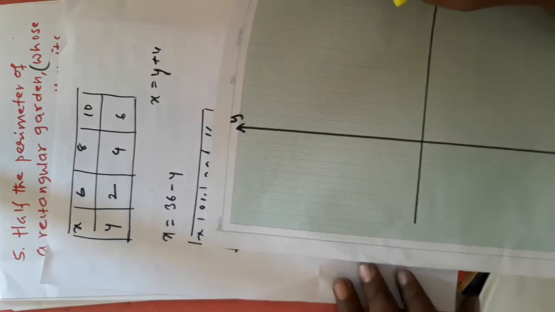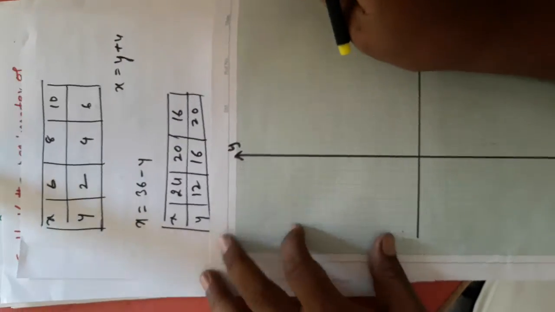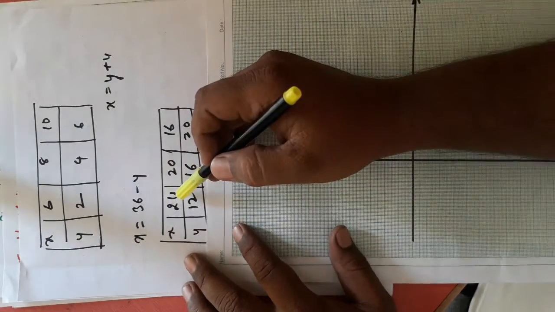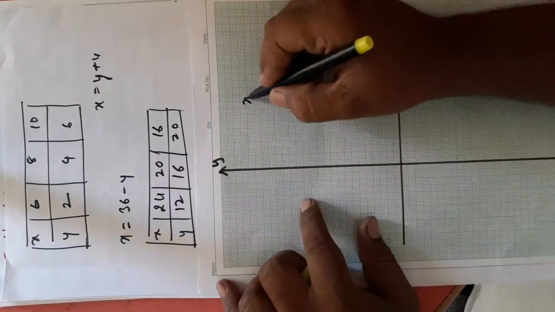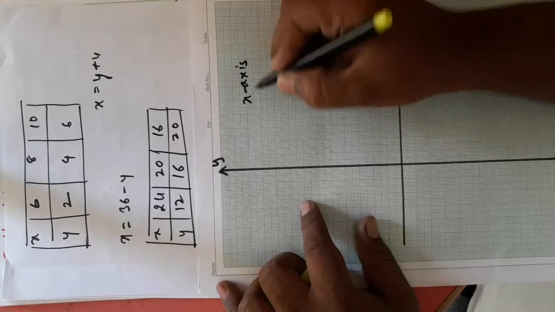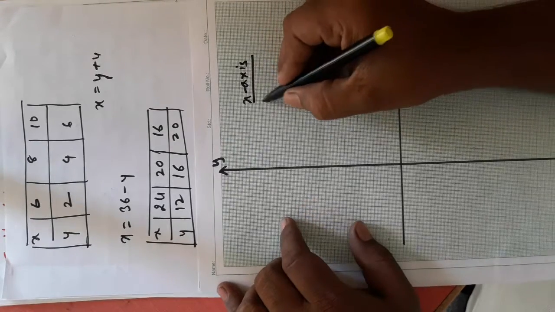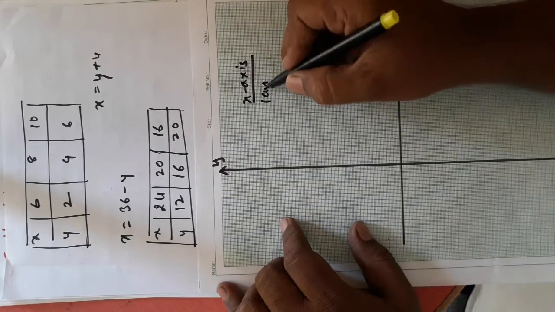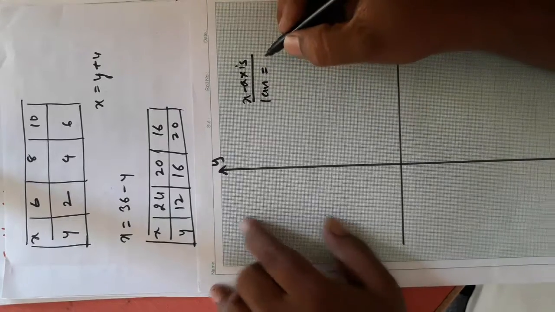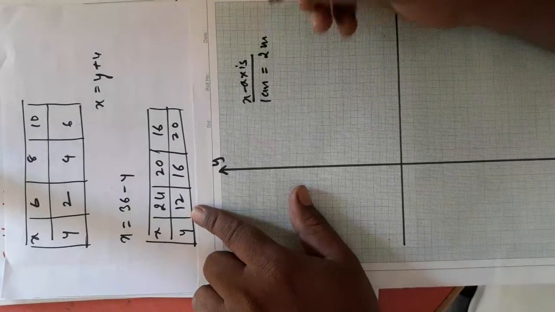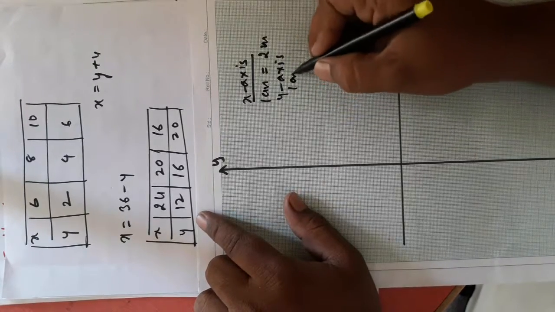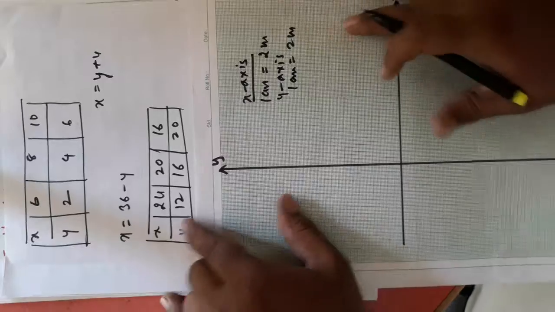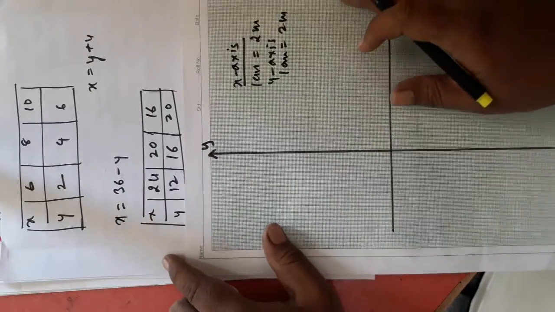For this purpose, since I want a value up to 24, the maximum value of x is 24, then I will take on the x-axis 1 unit or 1 centimeter equal to 2 meter of the dimension. On the y-axis also the same scale: 1 centimeter is equal to 2 meter length or 2 meter breadth.